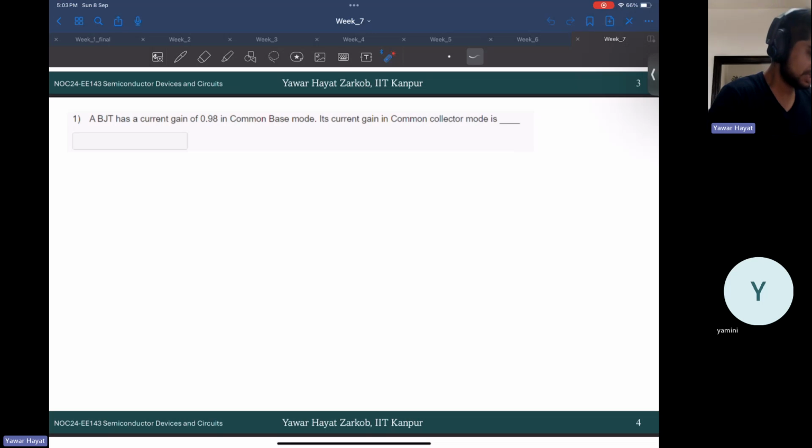Okay, so the question is that a BJT has a current gain of 0.98 in the common base mode. Its current gain in common collector mode is what we need to compute.